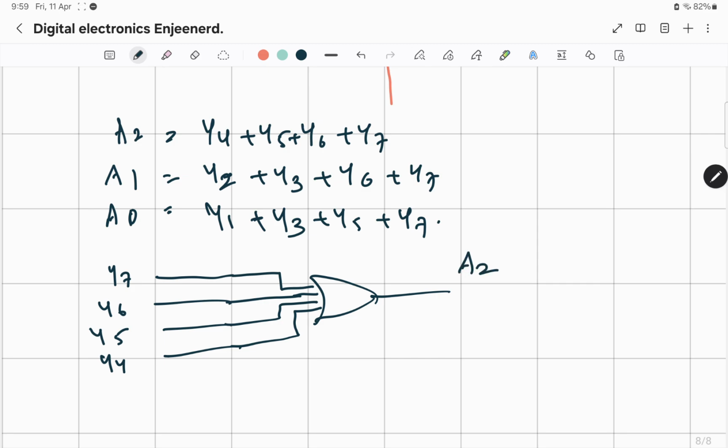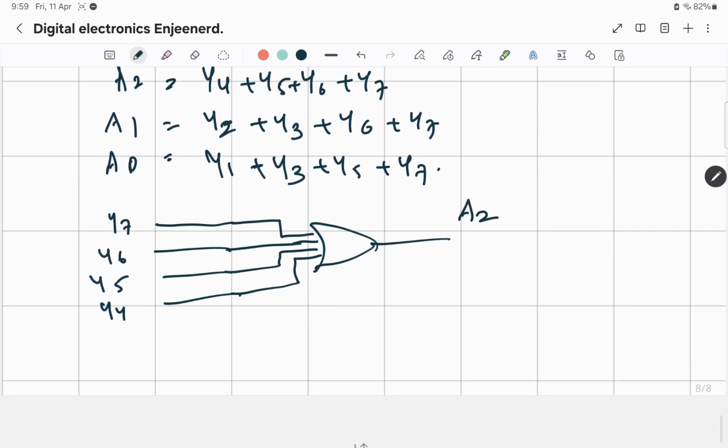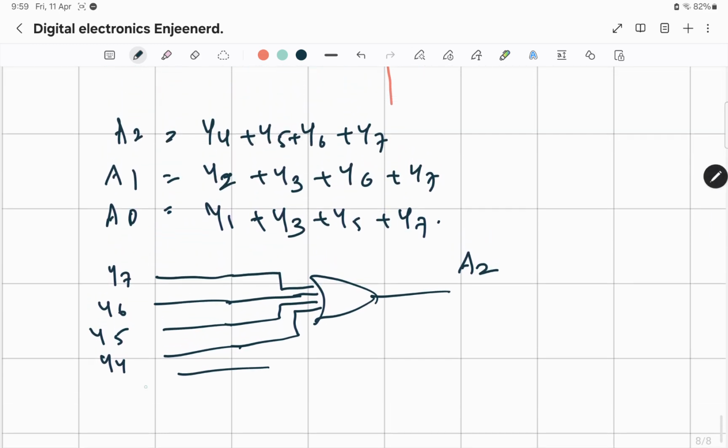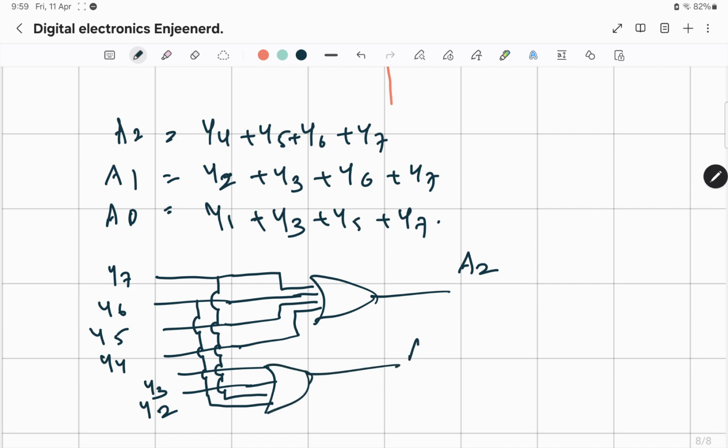I have now everything available but not Y2 and Y3, so you can attach a Y3 here, Y3, Y2, Y2, Y3, and I will take 6 and 7 from here. So use jumpers and take them. Y7 and Y6, these all go to one more OR gate and make it A1.